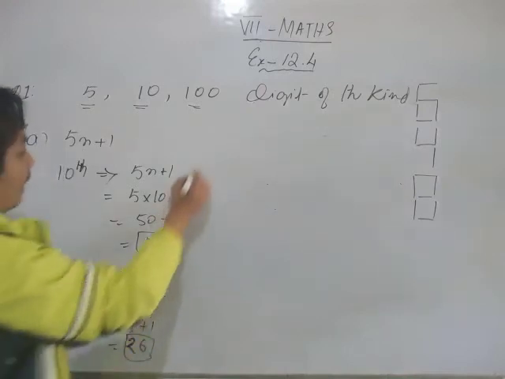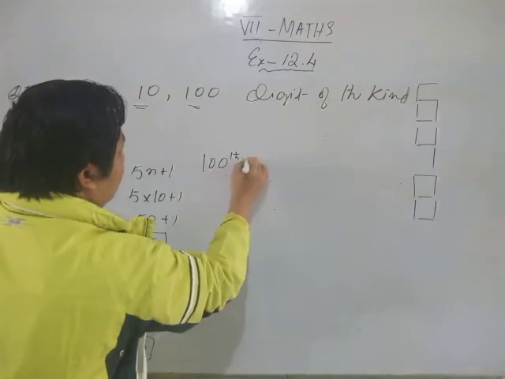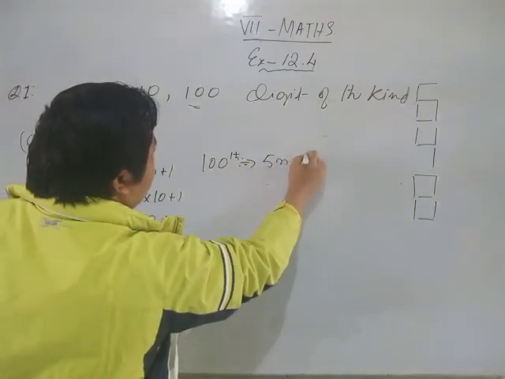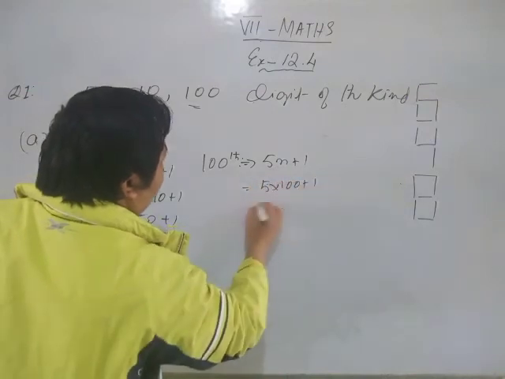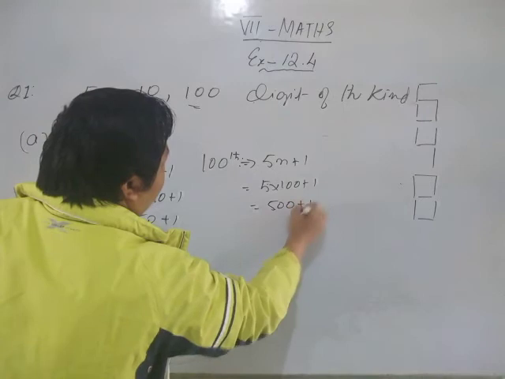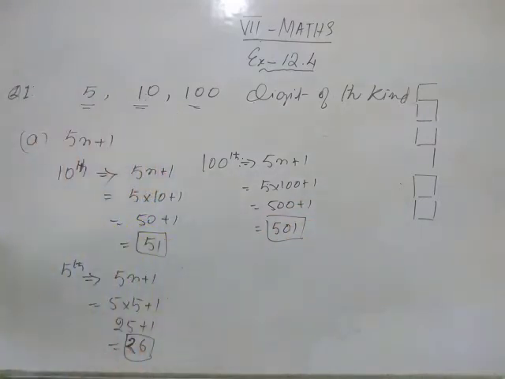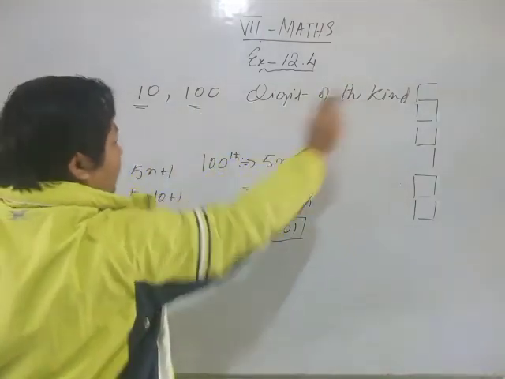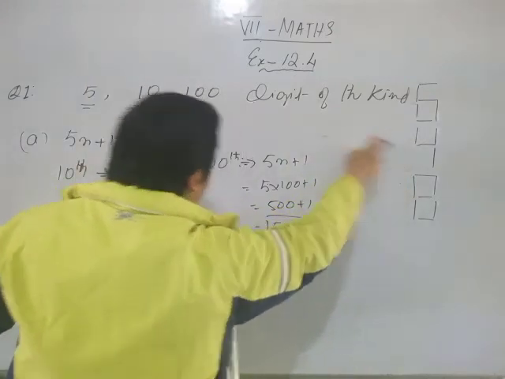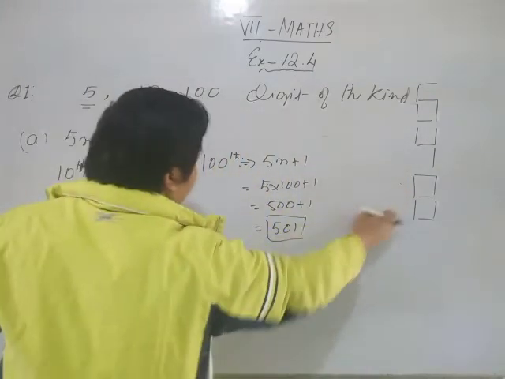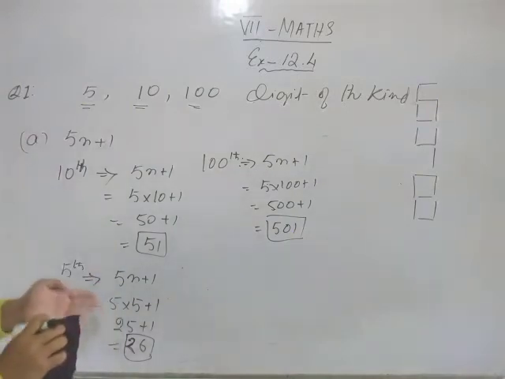And for 100, 5n plus 1 is 5 into 100 plus 1, that is 500 plus 1. So we got 501 segments for such 100 digits of 6. We have to find it for 5, 10, 100 digits, isn't it? So this is for case A, the first one.